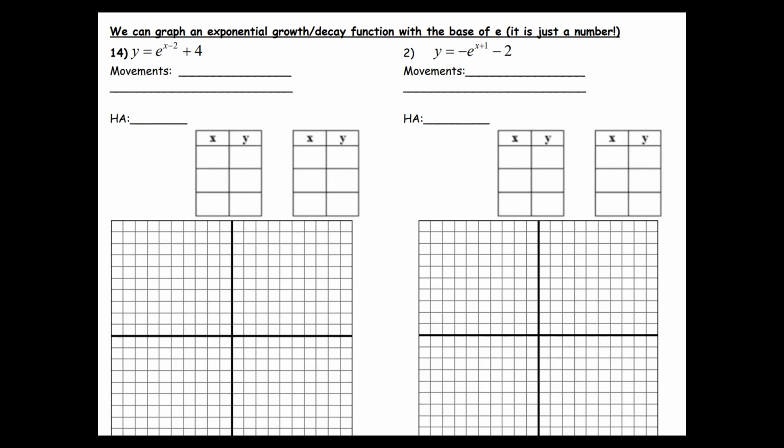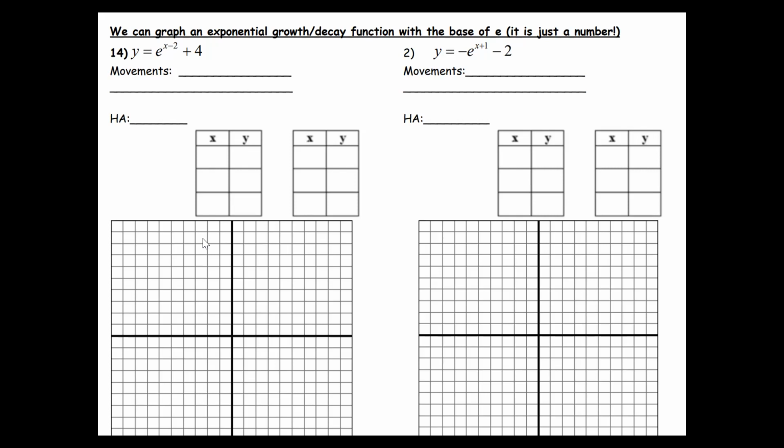And hopefully your window looks a lot better than mine because mine is askew. So I'm going to change my window once it's no longer thinking. I'm going to change my window to just a traditional negative 10, positive 10, and then negative 10, positive 10, and graph.